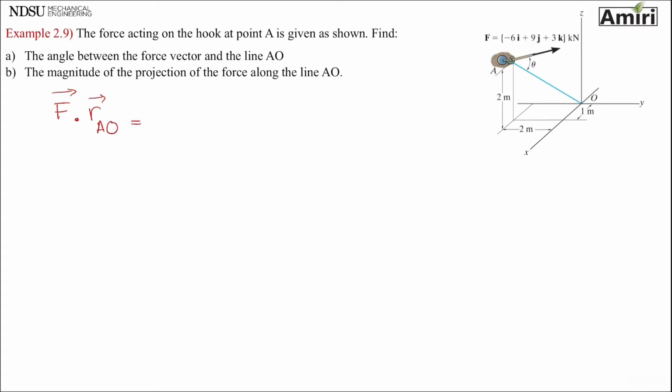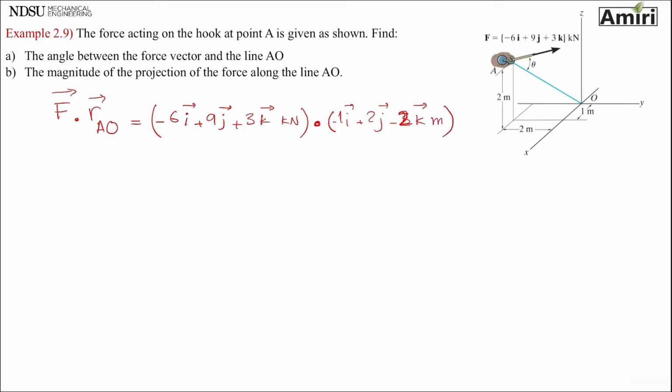F is -6i, 9j, 3k, dot position vector AO, which I just found to be -1i plus 2j minus 2k, and the units are meters.